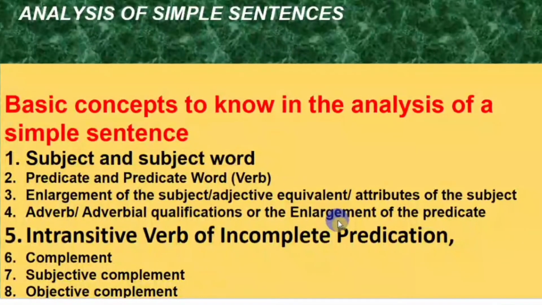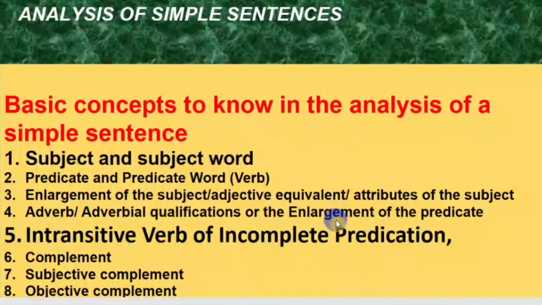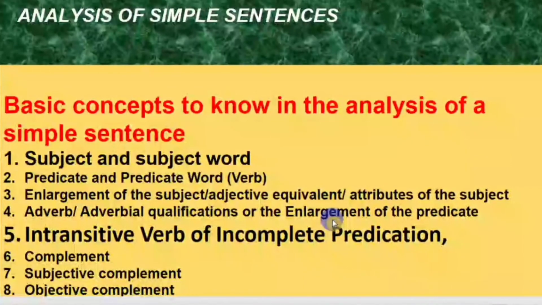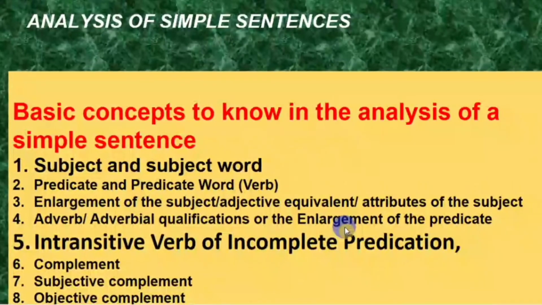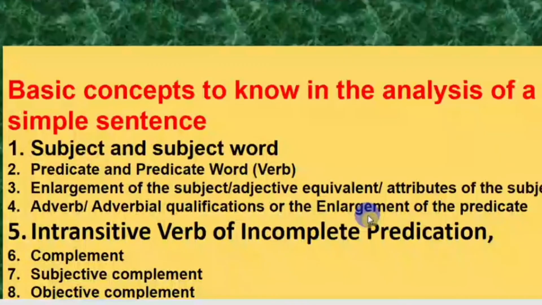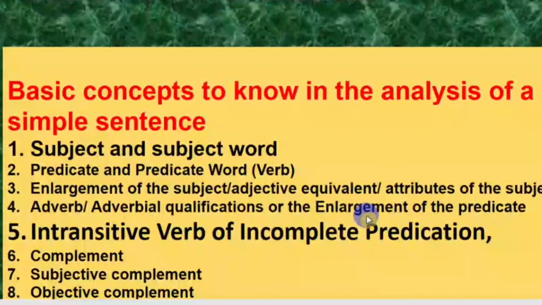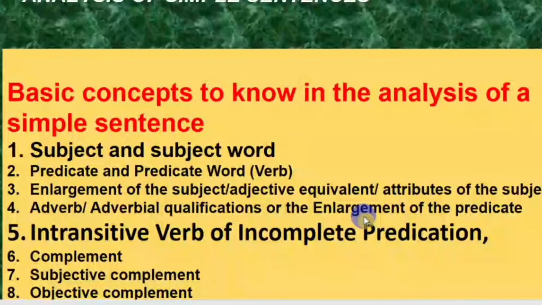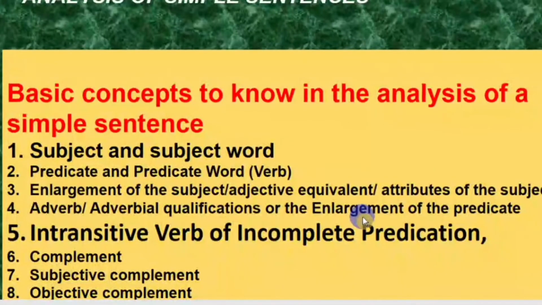Our verb is the most important thing in a predicate, and the other words that come with the verb, performing the function of an adverb or of an object, are its enlargement as well. So both subject and predicate have enlargements.